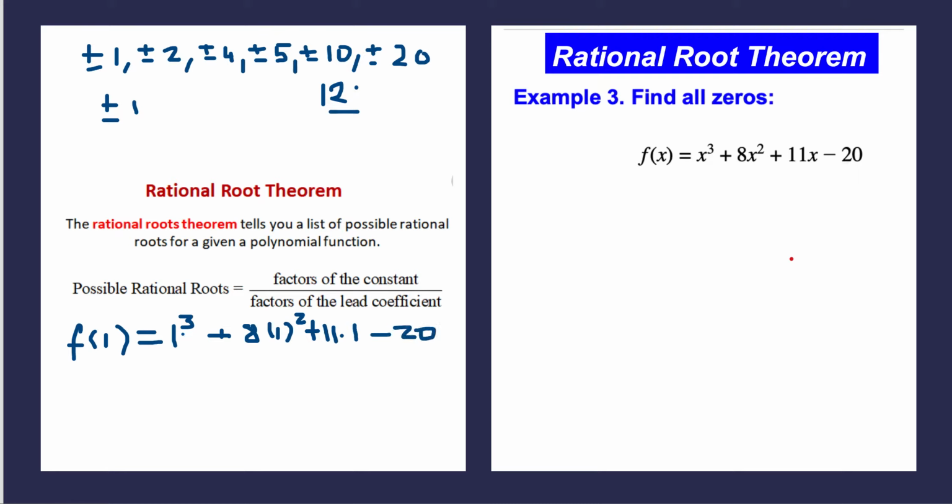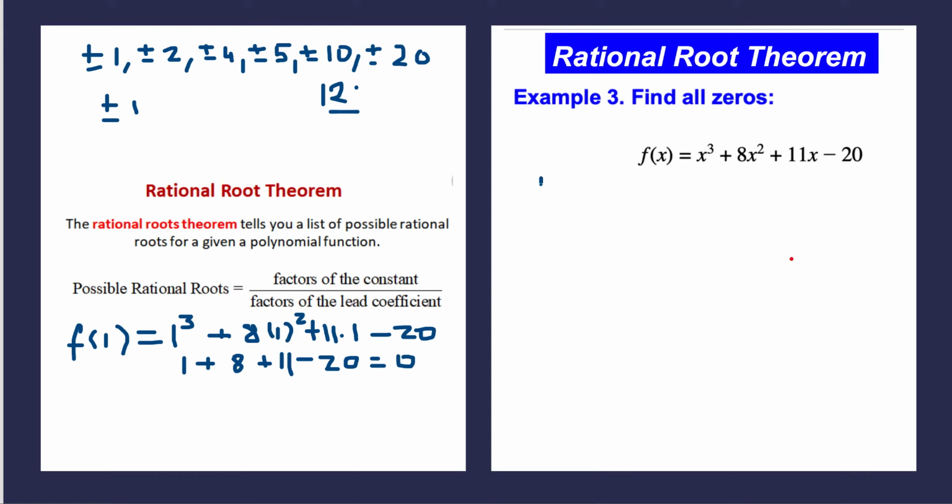Working this out, 1 cubed is 1, 8 times 1 is 8, 11 times 1 is 11, and minus 20. Adding all together, 1 plus 8 is 9, plus 11 is 20, minus 20 is 0. So 1 is a zero, or rational root, of the polynomial function f of x.